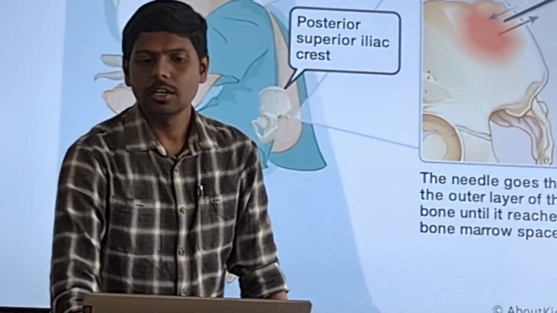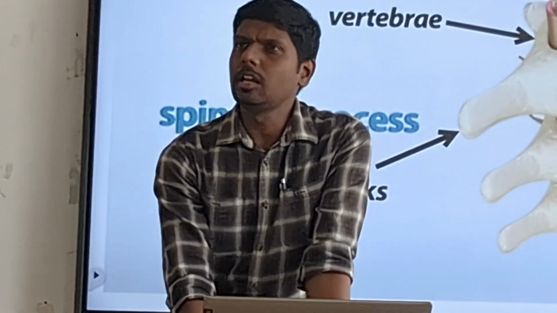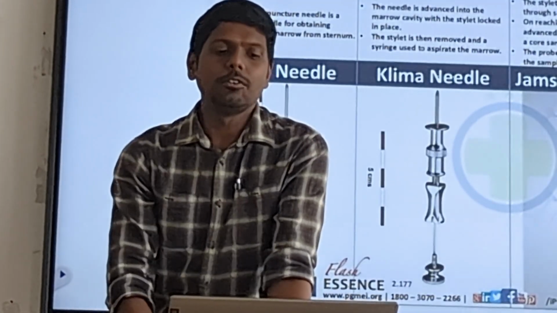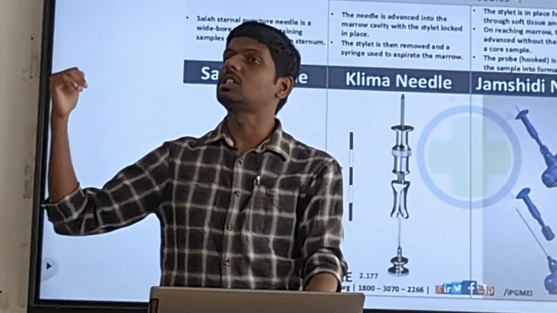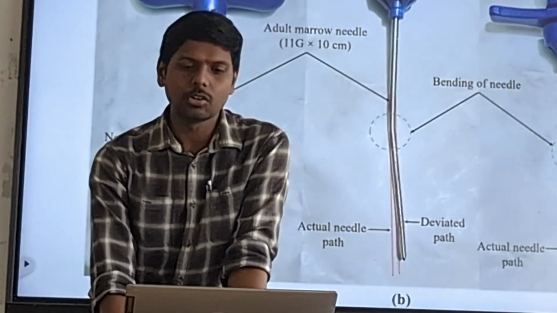We discussed its procedure and the spinal process also in children, but it is a very careful, sensitive procedure. And what are the three needles we are using? For biopsy we are using Jamshidi, and for the other two, Salah and Klima needles. We have seen the parts.